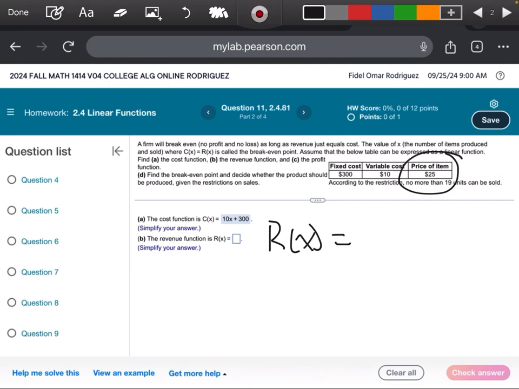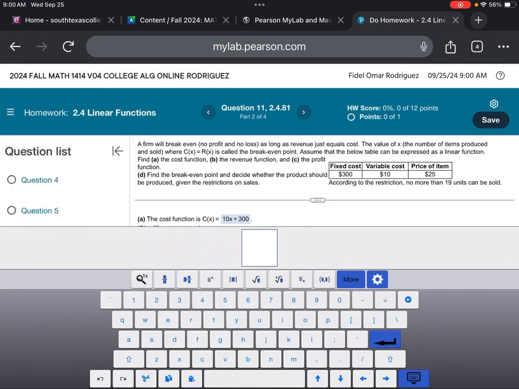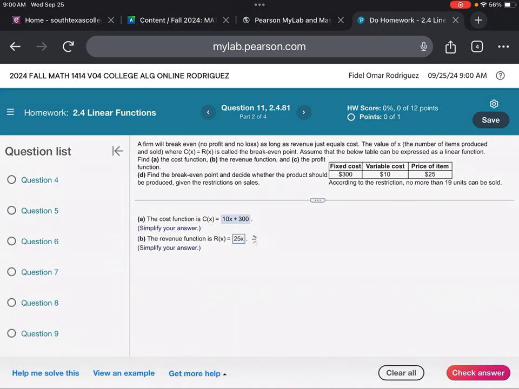That means I'm going to sell each one of those water bottles for $25. So the amount of money we're going to bring in is going to be 25 times X, times however many water bottles we sell. So right here, let's just enter in a 25X. Let's check that. Okay, so we're good there.